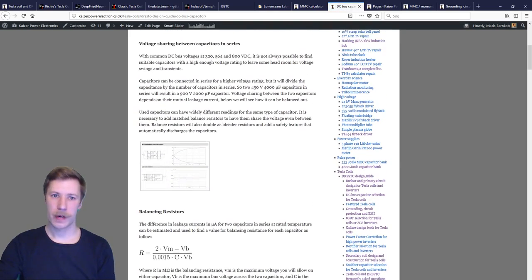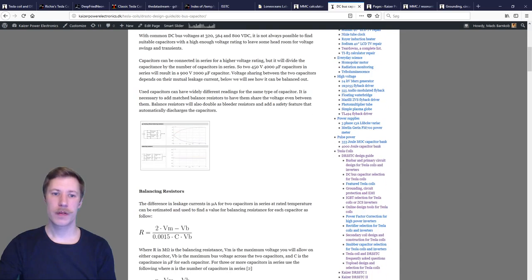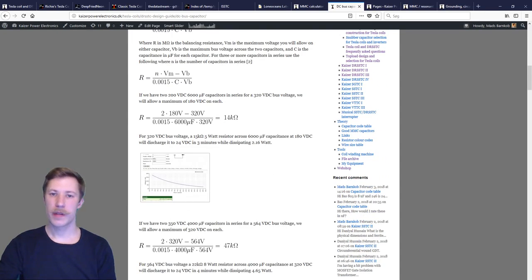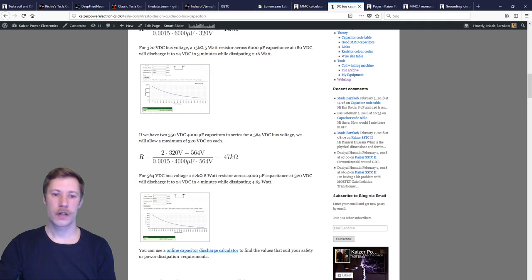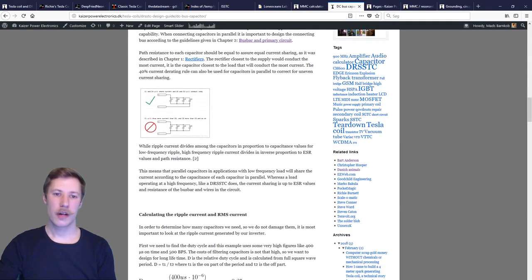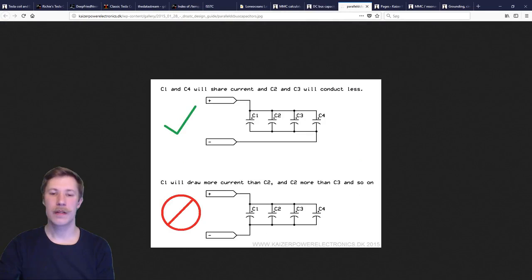Here I talk first about voltage sharing between capacitors in parallel and series, something about how you should ensure yourself against automatic discharge, and then current sharing. This is something I mentioned earlier about the whole inductance and current path matching methods.